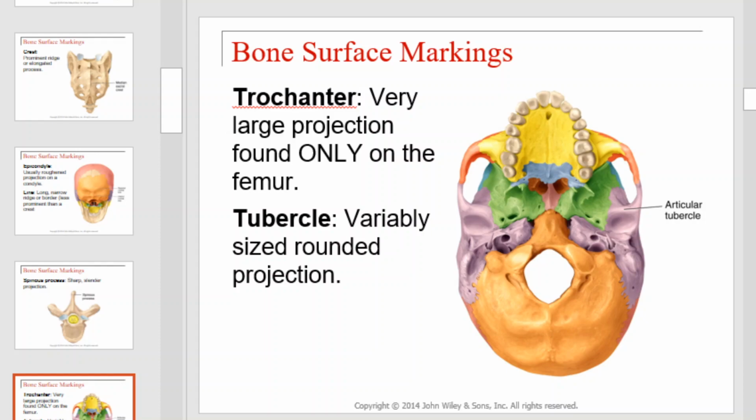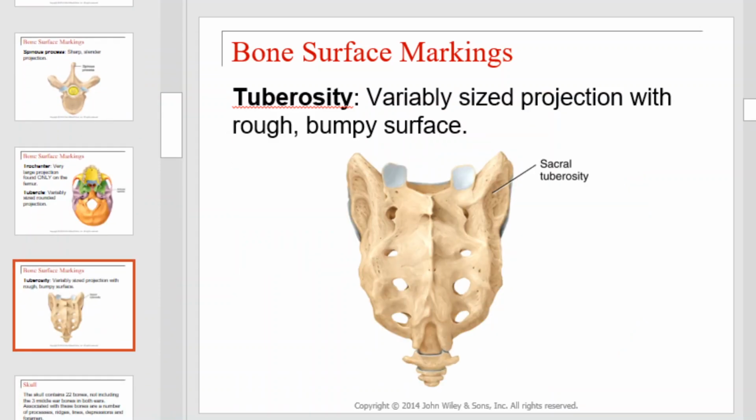Tubercle is a variably sized rounded projection. In this diagram, the articular tubercle is illustrated. Tuberosity. Tuberosity is a variably sized projection with a rough, bumpy surface. Here we have the sacral tuberosity illustrated.